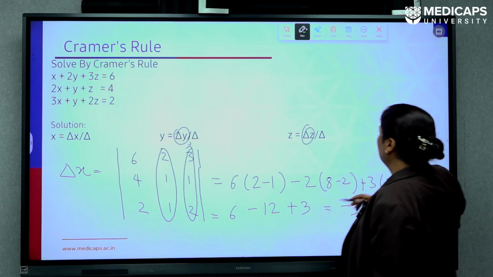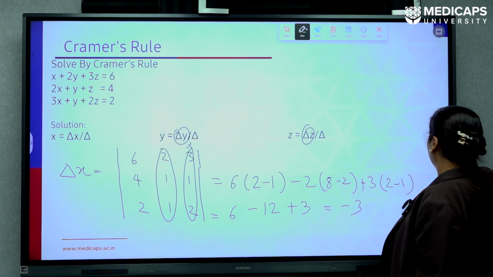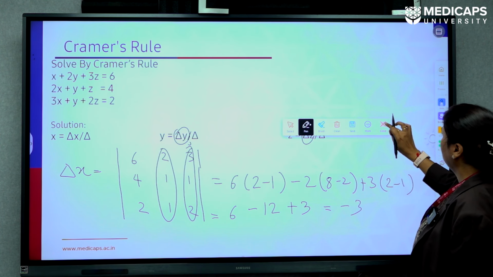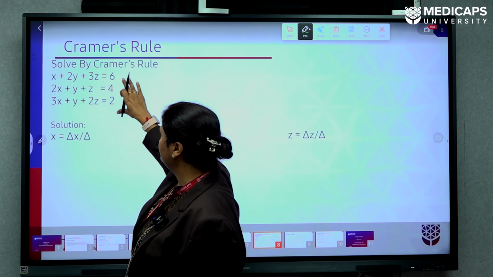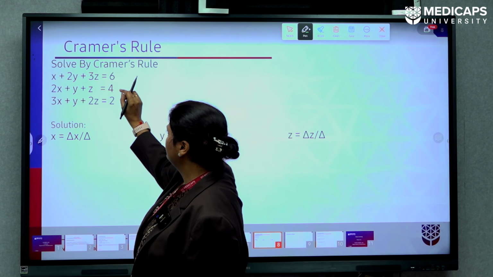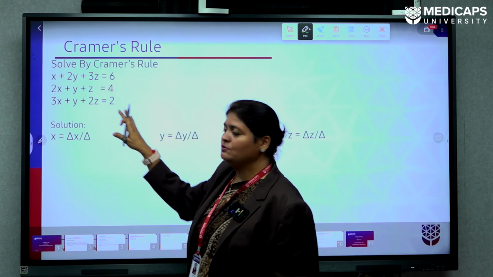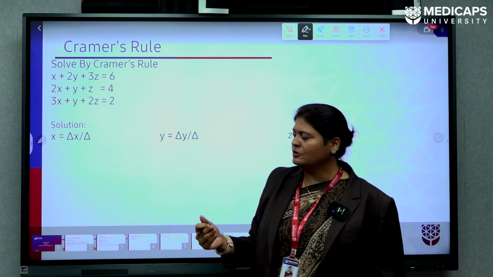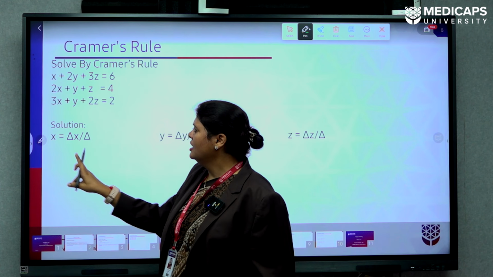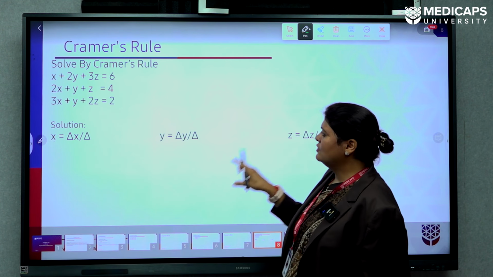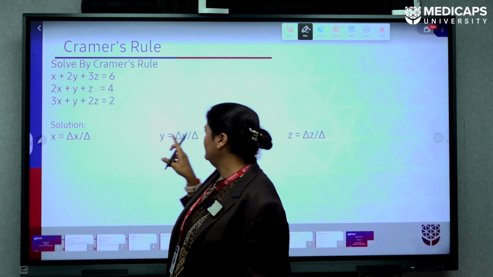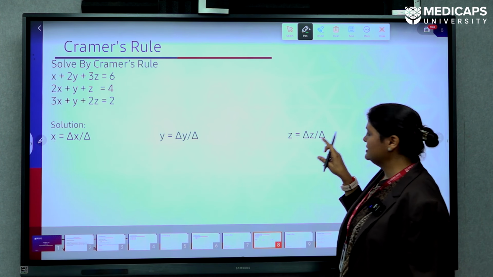So when you calculate it correctly, we are getting del x, del y and del z here. So here we have our 3 linear equations, a 3 cross 3 system, and we have to find the values of x, y, z. Getting the solution is getting the values of the variables. So for the solution, we want to find x, y and z, and for that we have the formula: del x upon del, del y upon del, and del z upon del.